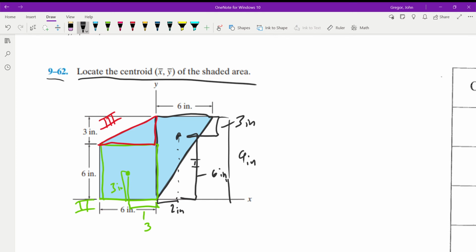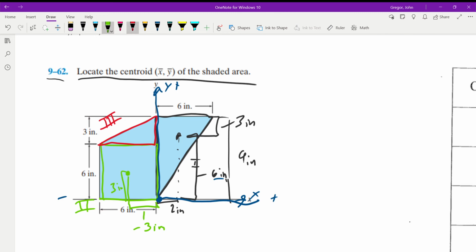The reason I need it from the bottom is because of the way this is drawn, with my axes. This is my y, this is my x. This is the positive sense and this is the negative sense. So I need to measure from where it's 0, and that's where I get the 6 inches. Technically the x here is negative 3 inches because it's in a negative sense.